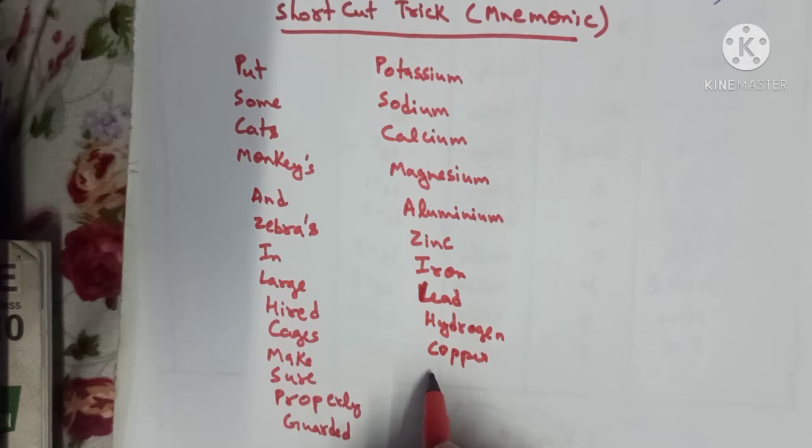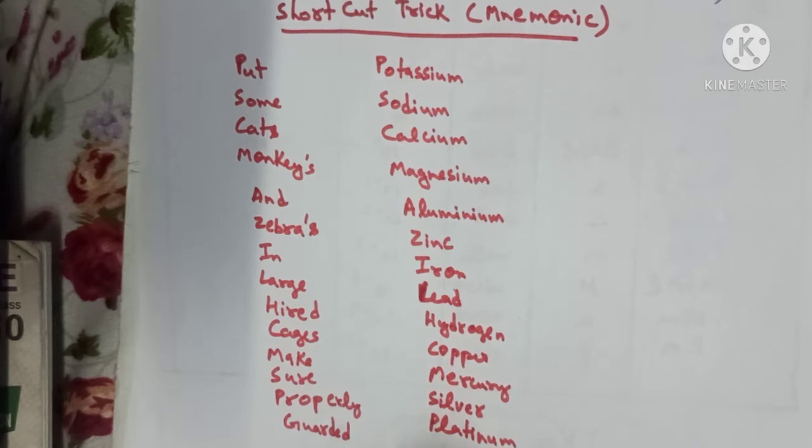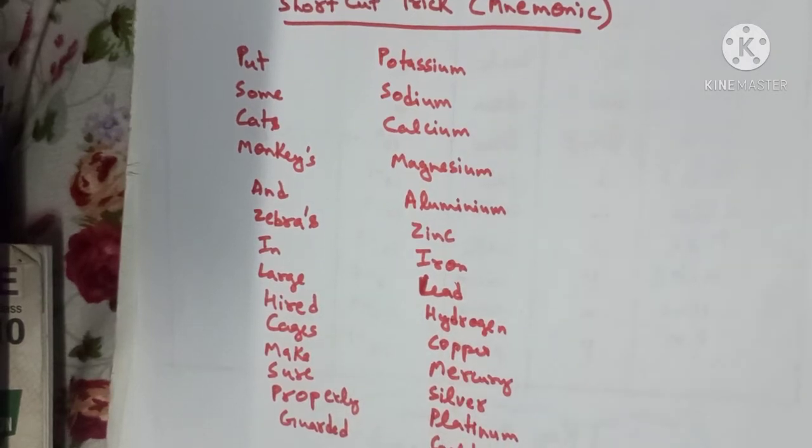make, M stands for mercury; S of sure stands for silver; then properly, P stands for platinum; and guarded, G stands for gold. So let us write the symbols.